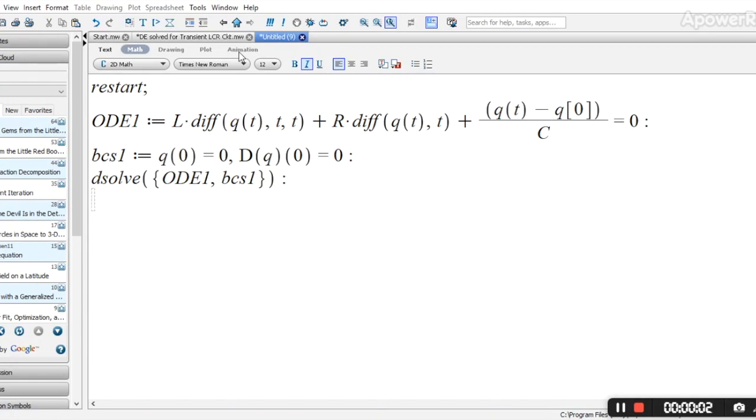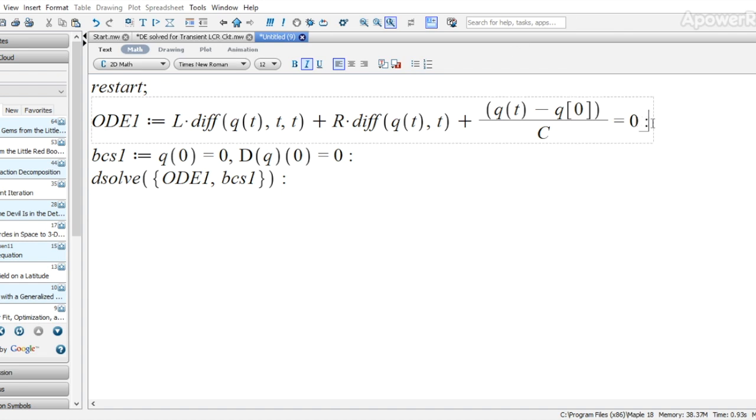Now friends, we are at a very interesting example where we write a differential equation for an LCR circuit, and the differential equation which is written here is raised from the physical situation, and we have selected q of t minus q0 by c as the last term.